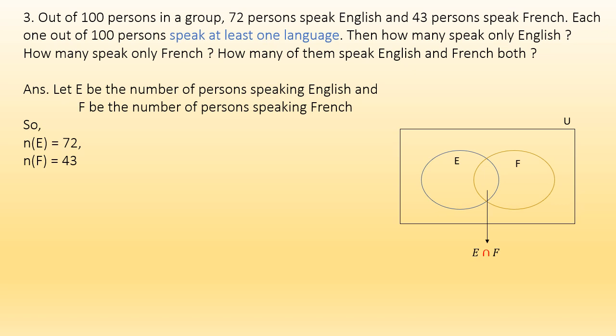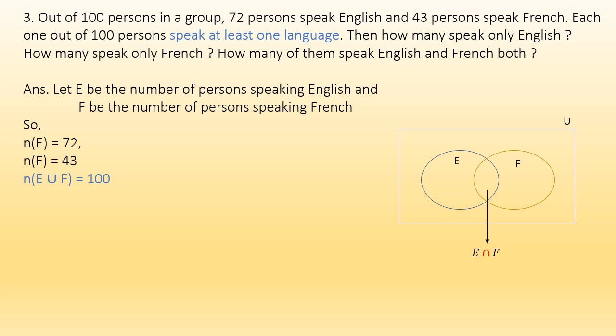So in this case, when such condition is given, that all the persons speak at least one language, this 100, which is nothing but total, is going to denote E union F. So N of E union F is nothing but 100. So here we will write N of E union F is equal to 100.